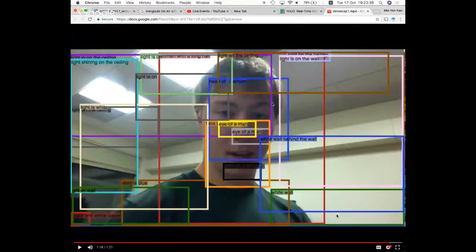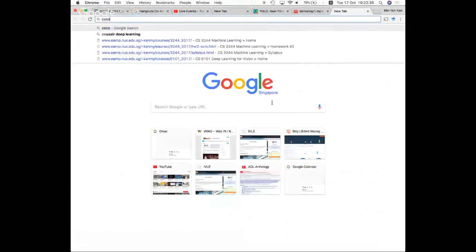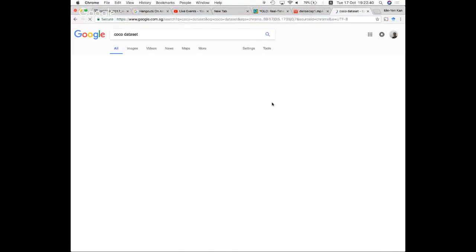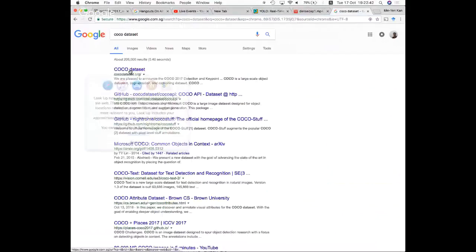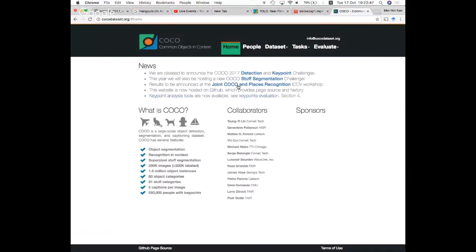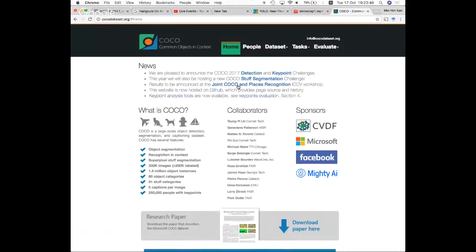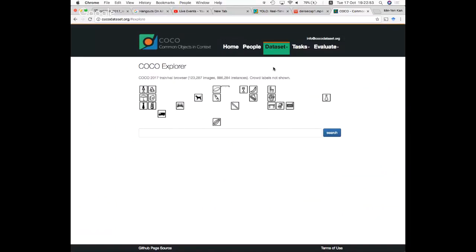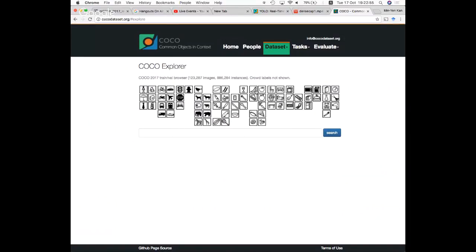This was trained on a big dataset by Microsoft called the COCO dataset. It was trained on, I think, about 90 object categories, and it consists of about 300,000 images. For example, if you want to choose banana and cell phone, you can search.